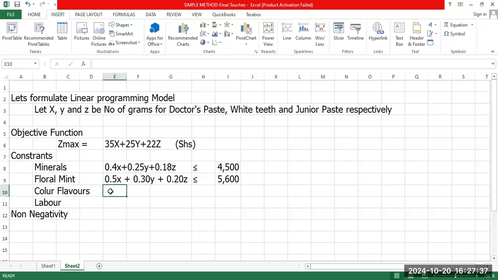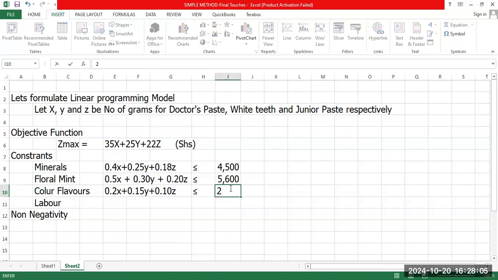Then this one is 0.2x plus 0.15y plus 0.10z, and this is less or equal to 2,400.